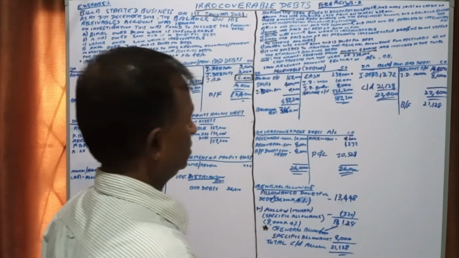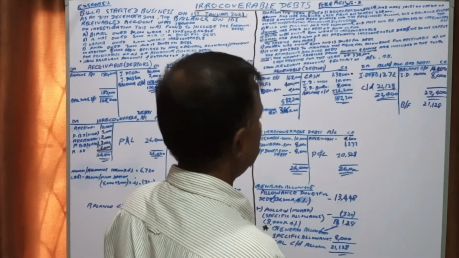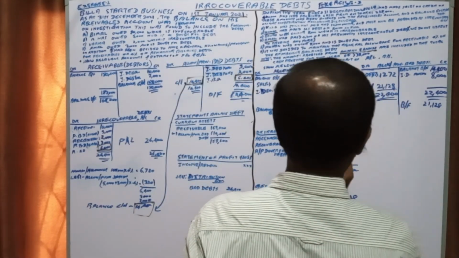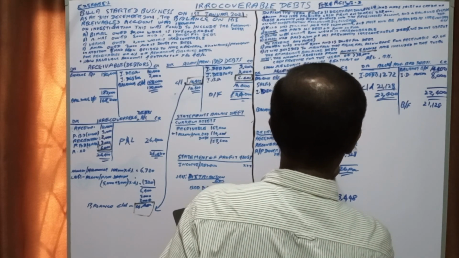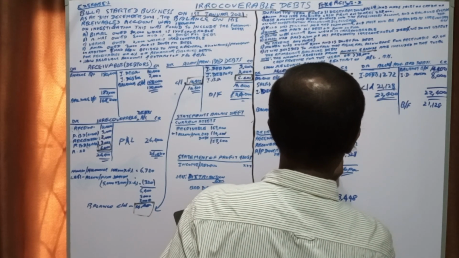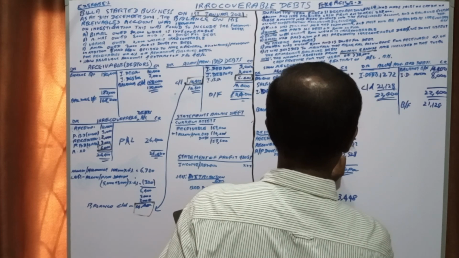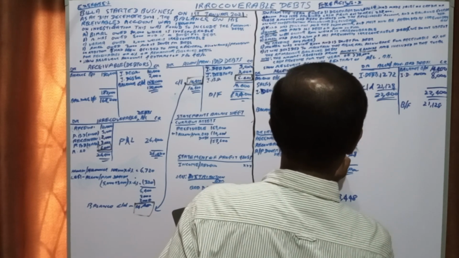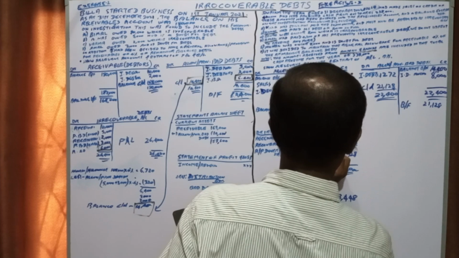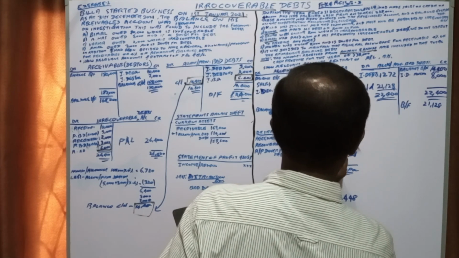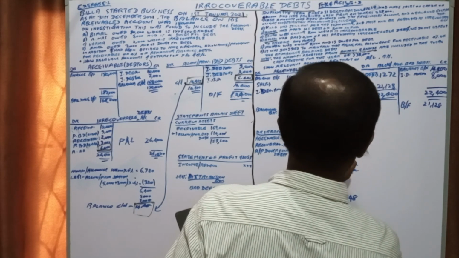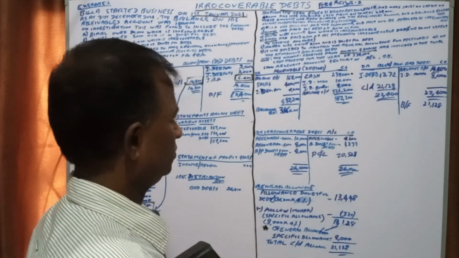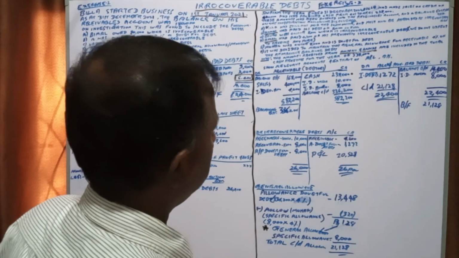So this 1,272 we received from the allowance or provision for doubtful debts. 1,272.